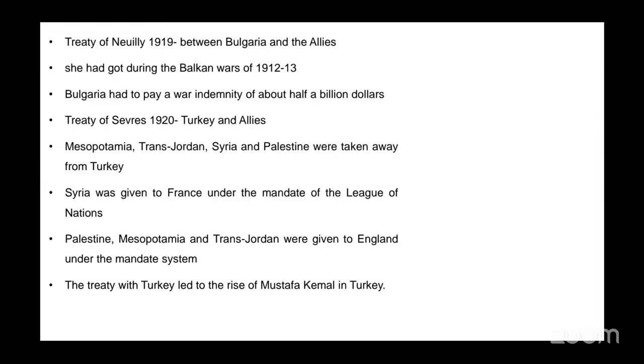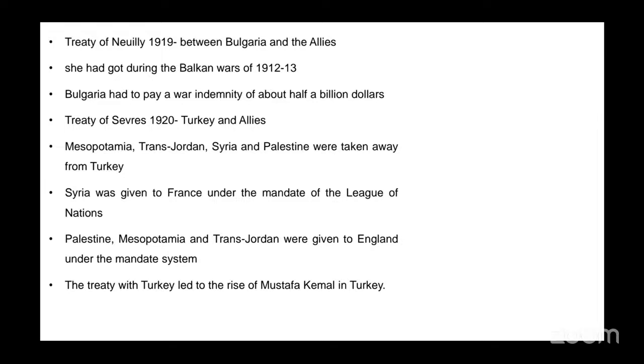Then the Treaty of Sevres, 1920, with Turkey and its allies. So what happened in this Treaty of Sevres is Mesopotamia, Jordan, like the Transjordan, and Syria and Palestine were taken away from Turkey, and Syria was in fact given to France. It was under the mandate of the League of Nations, and also Palestine, Mesopotamia, Transjordan were given to England under the mandate system.